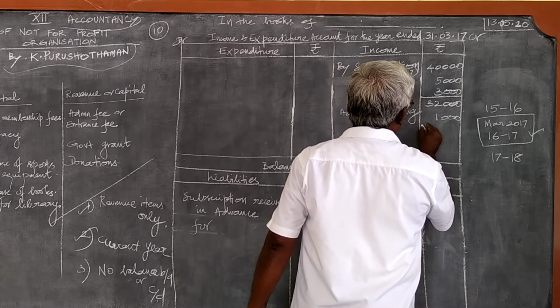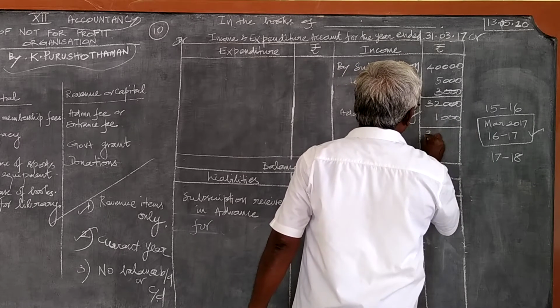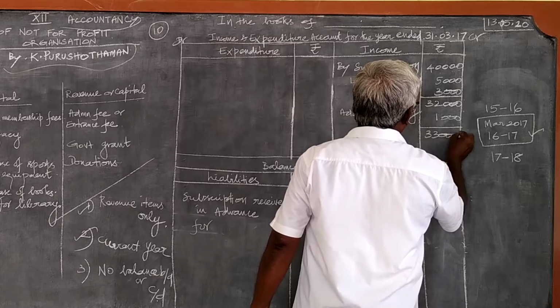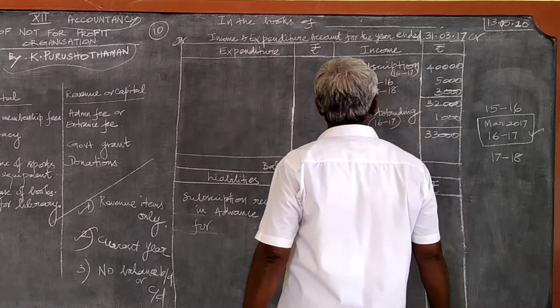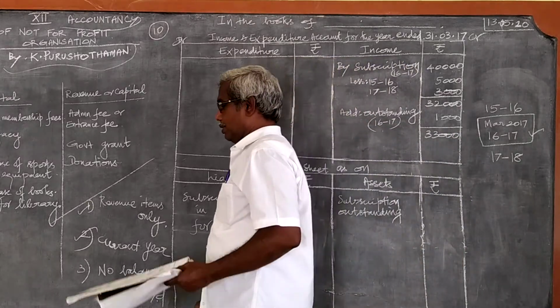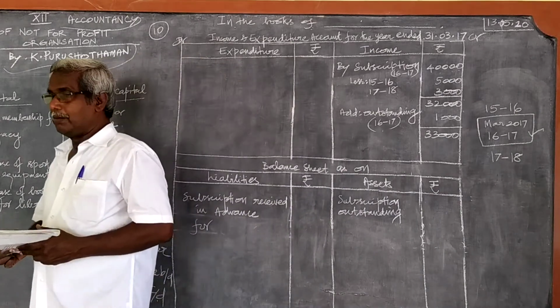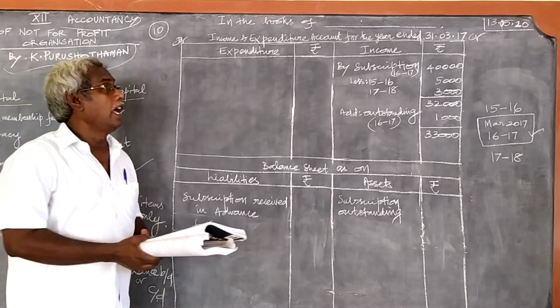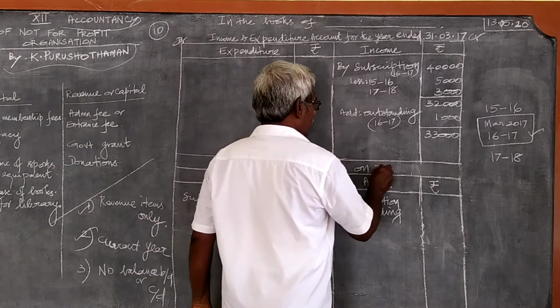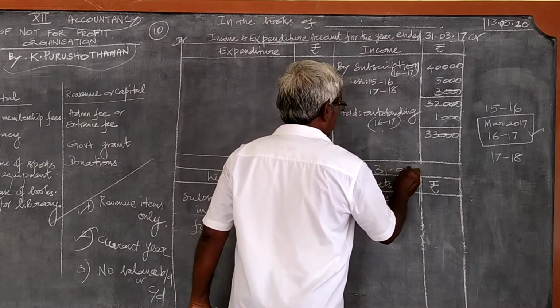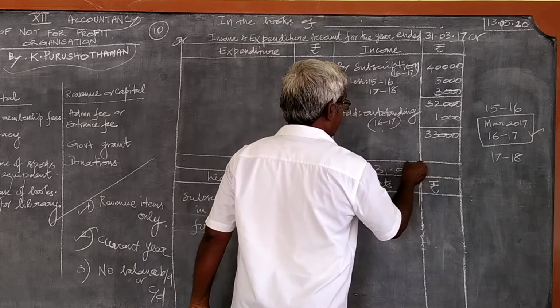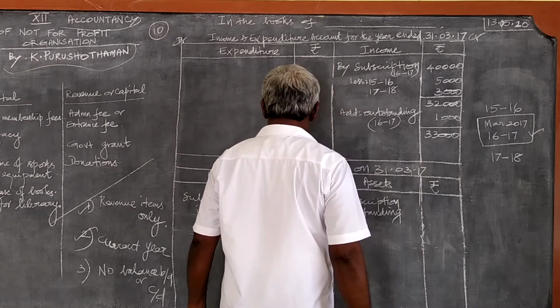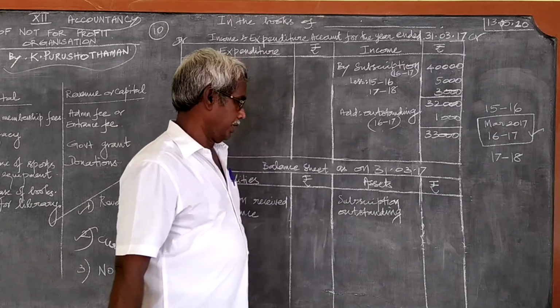So the total amount is 33,000. This is the amount that must be shown in the income and expenditure account. And in the balance sheet as on 31/3/2017, what should be the item?